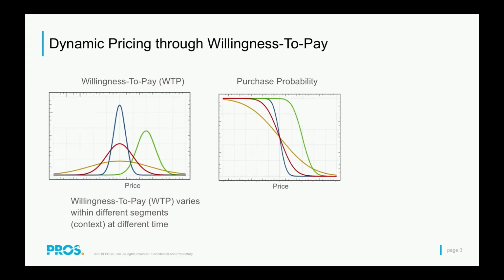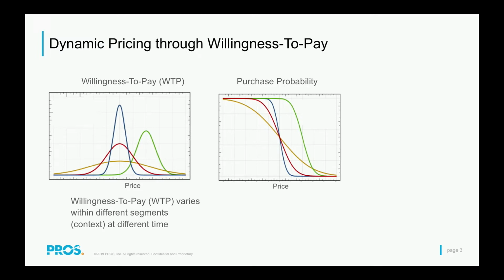Then the question becomes, how can we do dynamic pricing? One way to do it is through a willingness to pay estimation. You can see here there are, for example, 4 segments of population, with each population having a very different distribution of willingness to pay. And from this distribution, we are able to estimate the curve of purchase probability for each segment.